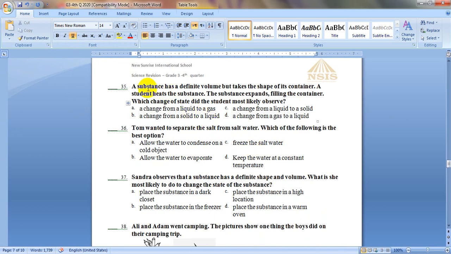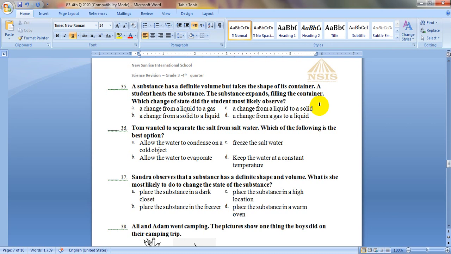35. A substance has a definite volume but takes the shape of its container. A student heats the substance. The substance expands, filling the container. Which change of state did the student most likely observe? It had definite volume and takes the shape of a container, so it was a liquid.